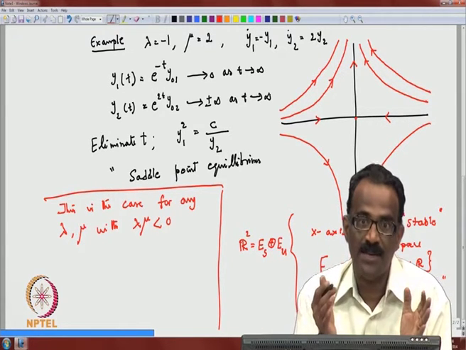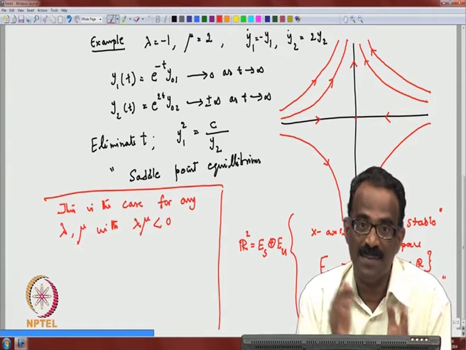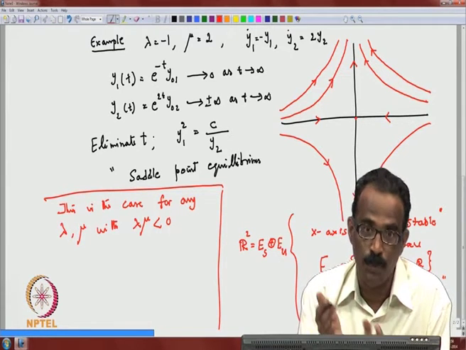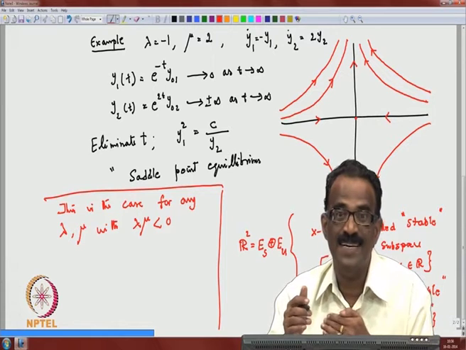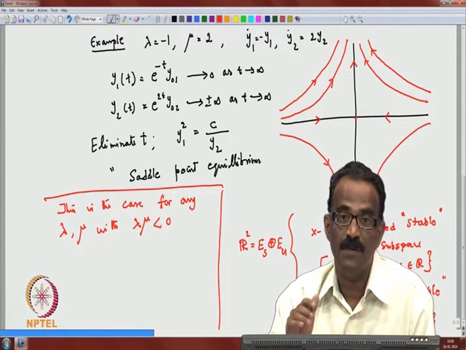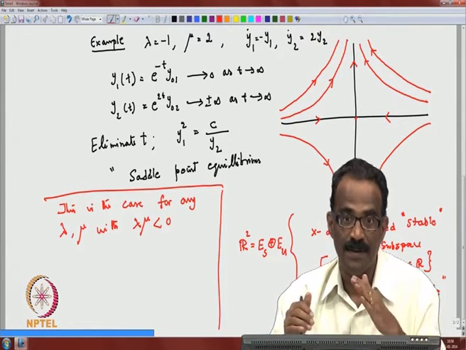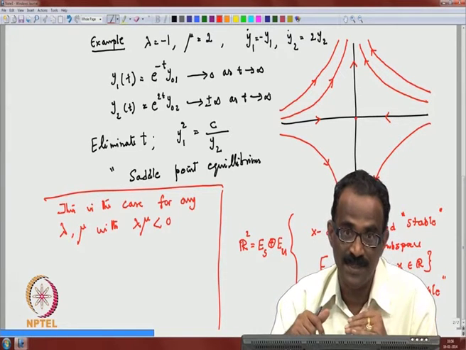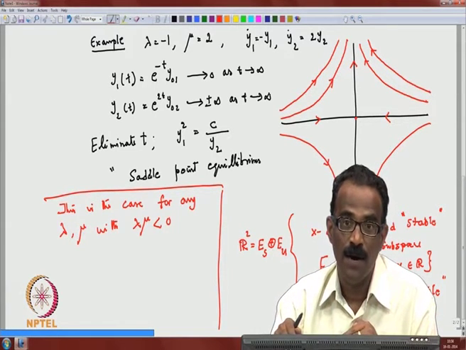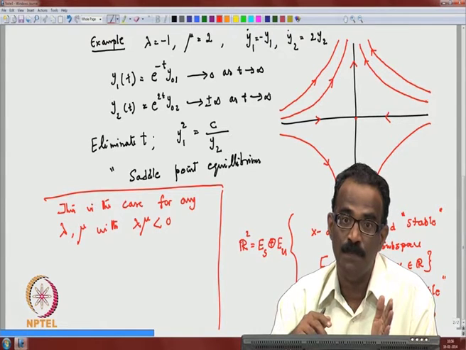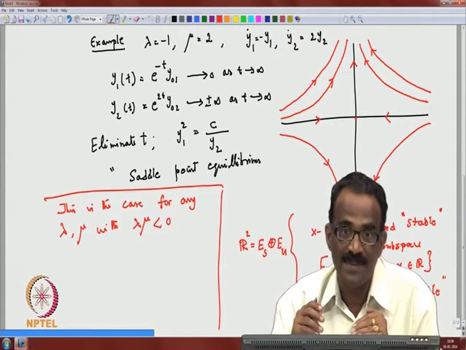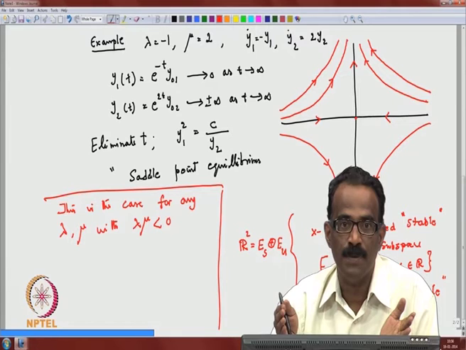You will have arrows that change if lambda is negative and mu positive, or the other way around. In one case the x axis will be stable and the y axis unstable, or you will have the x axis unstable and the y axis stable.